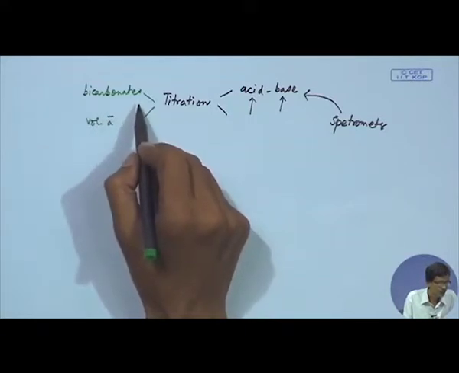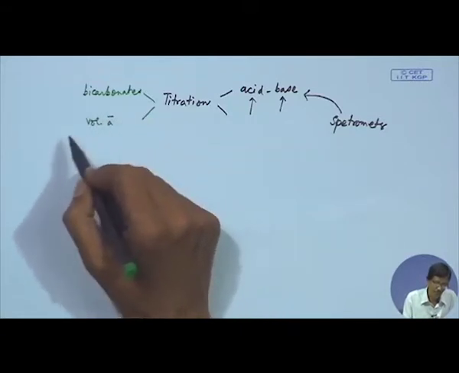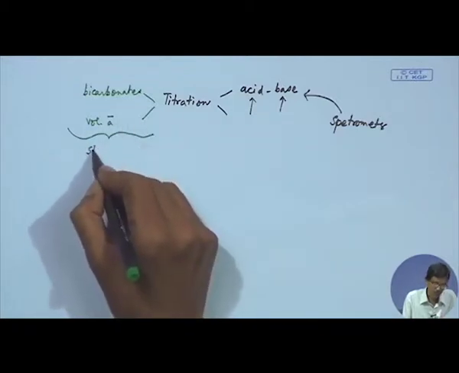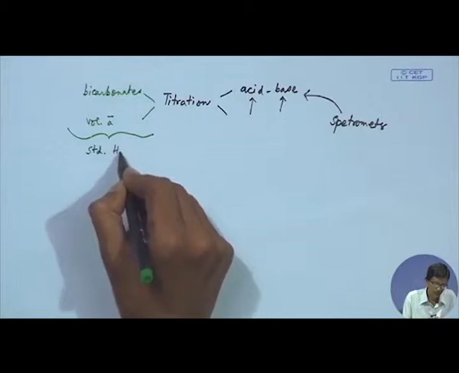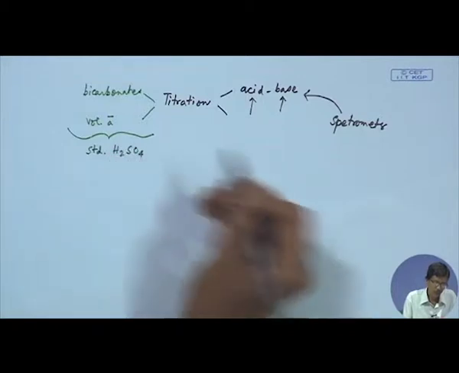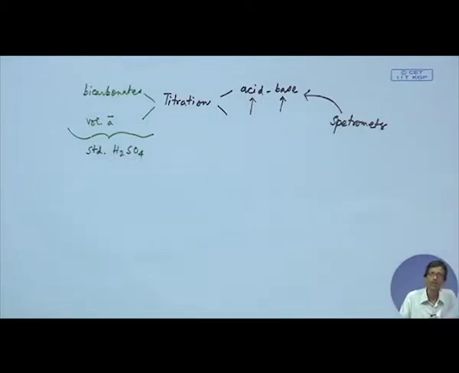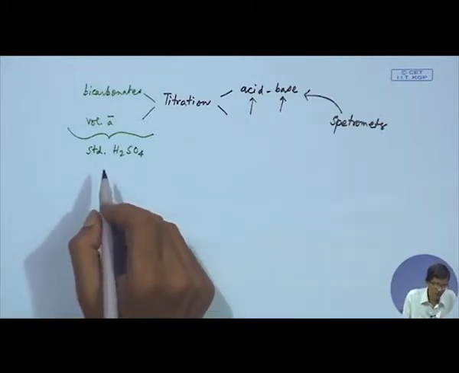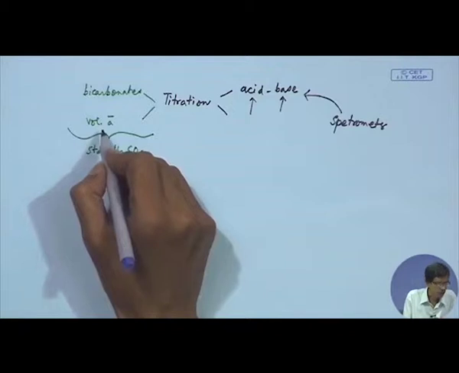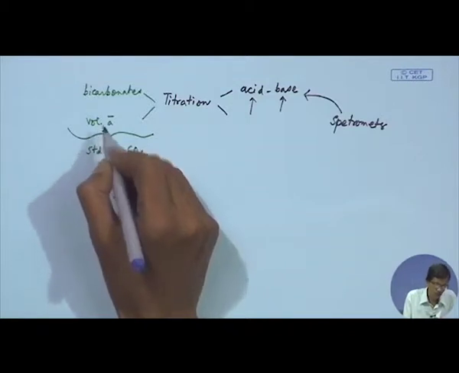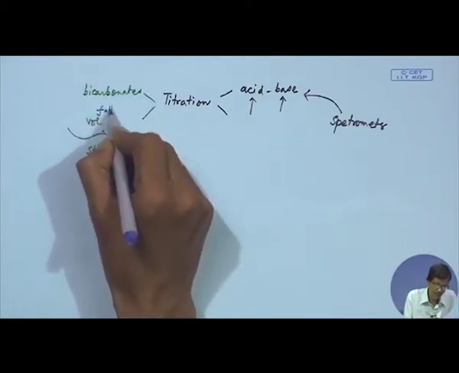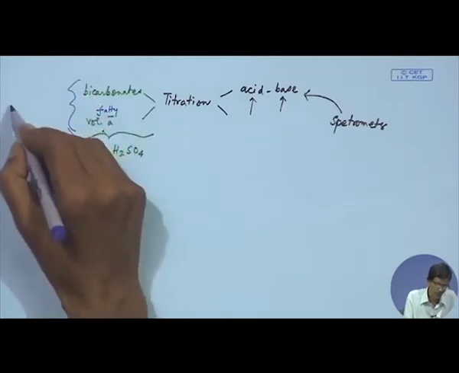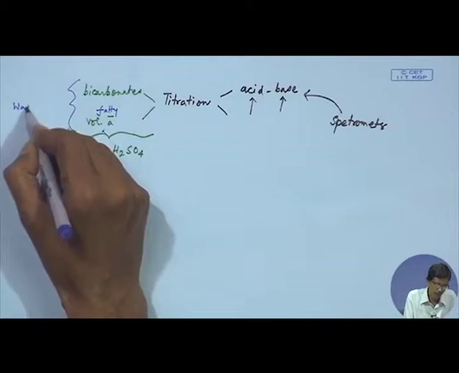We can analyze these by using a standard sulfuric acid solution. That means a known solution of sulfuric acid can react with that particular acid. So, the corresponding volume of the fatty acid, so this is a mixture of fatty acids, is obtained after degradation of wastewater.